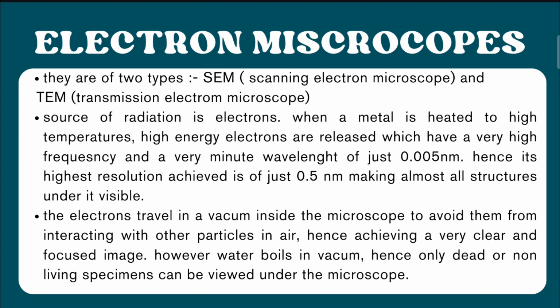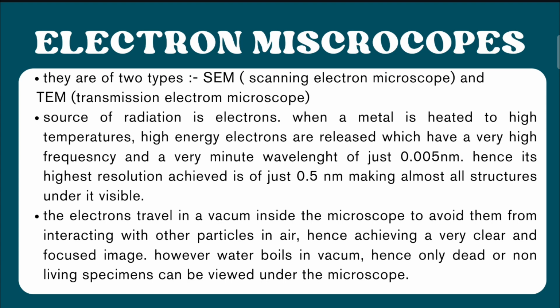Now because electrons are so small and have so much high energy, their wavelength is around just 0.005 nanometers. That's it. It's just around 0.005 nanometers. And the resolution that is achieved is 0.5 nanometers.